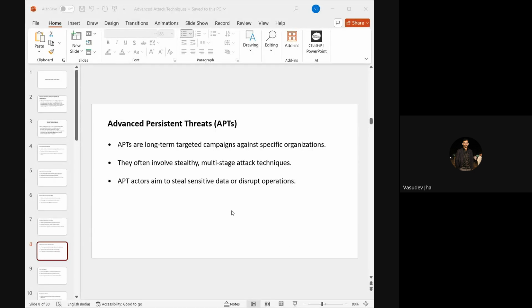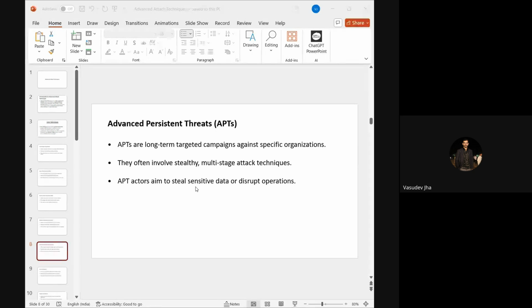Okay. So APTs are long-term targeted campaigns against specific organizations. They often involve stealthy and multi-stage attack techniques. Now, with APT, what is the main issue? It is stealth. Stealth means that from a traditional security mechanism, it cannot be identified. Okay, and it is multi-stage, so it will go into your system, and it will work in different stages.